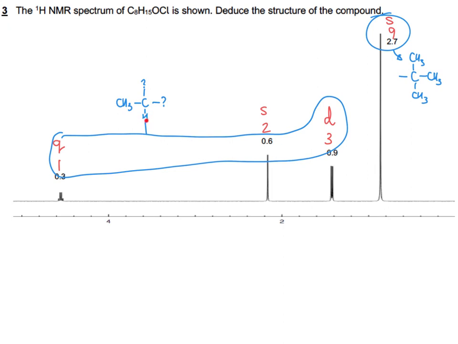This hydrogen is our quartet with 1 hydrogen, and this methyl group here is this doublet with 3 hydrogens. So we have 2 ends of the molecule. So let's just write that out.